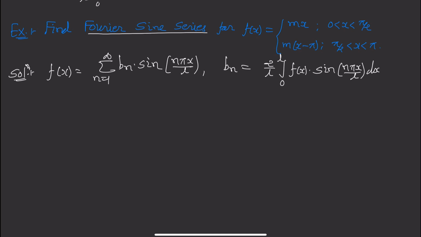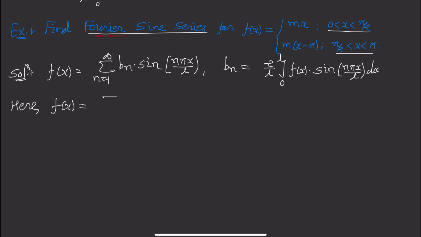But here what is L? We have given the domain 0 to pi. That means L equal to pi, right? So here, what will be our f of x? When you substitute L is equal to pi here, we can cancel out this pi and pi, right? And so the remaining quantity will be nx only.